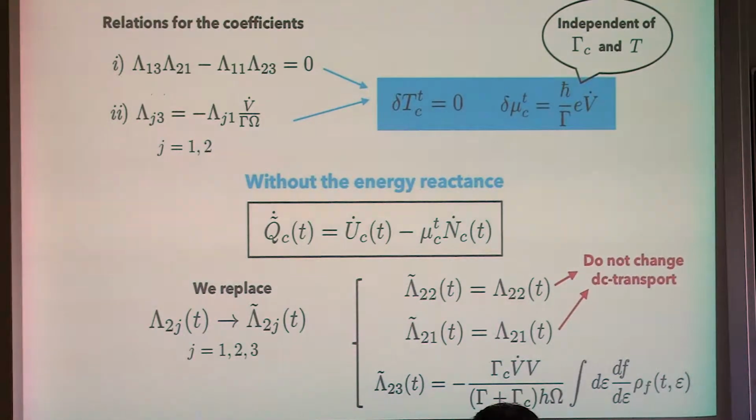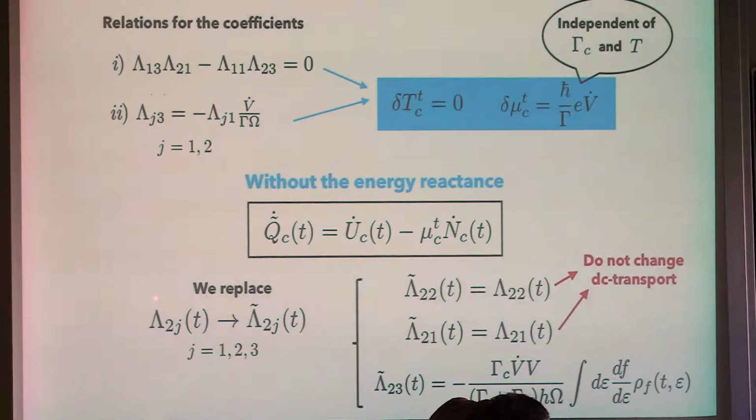In order to show that this prediction is very sensitive to the definition of the heat, we take into account another definition that has only the internal energy and the chemical energy, but not any contribution of the tunneling region. So in this case, since we are just changing the heat that corresponds to contact 2, we have to change only the coefficient of the bottom line of this matrix.